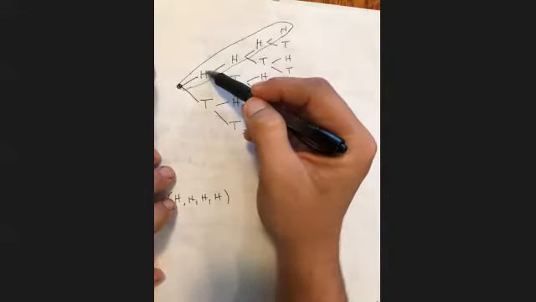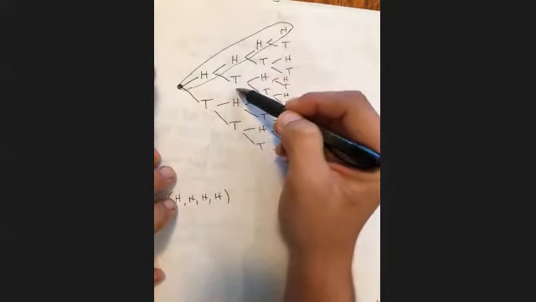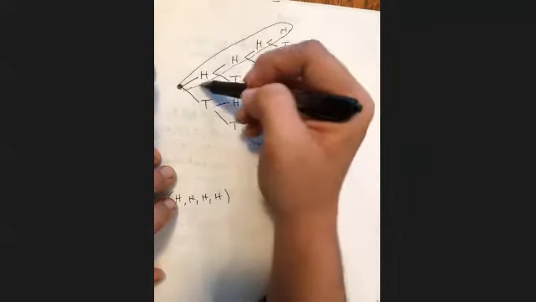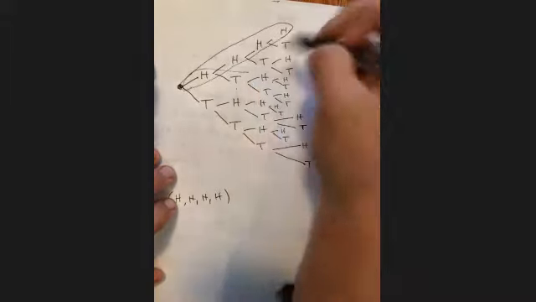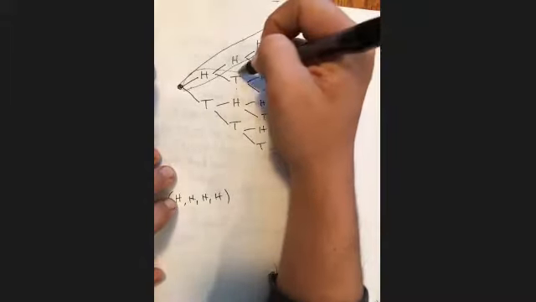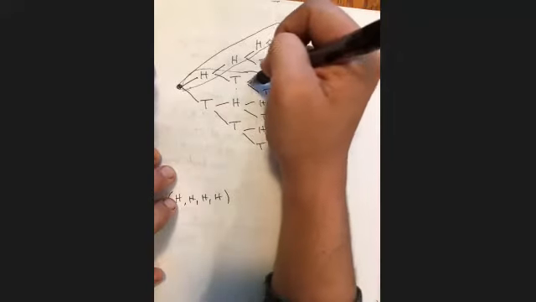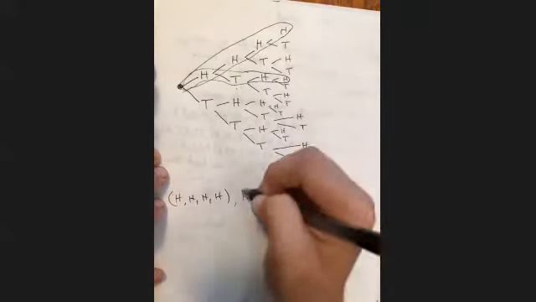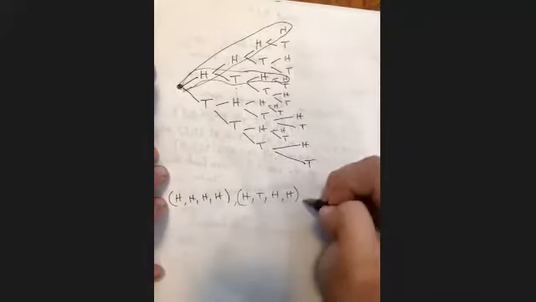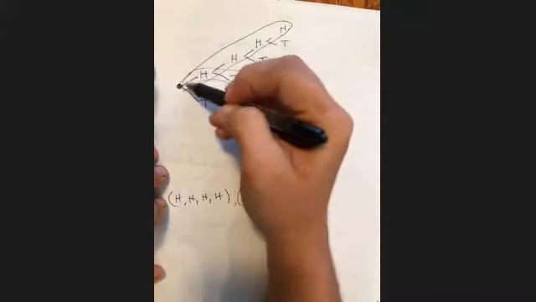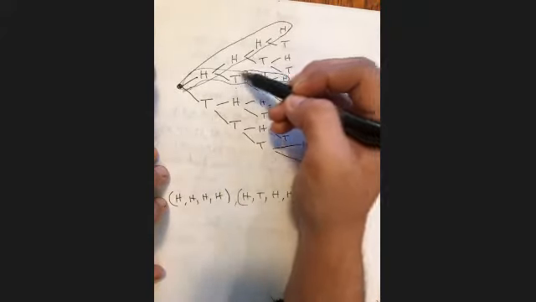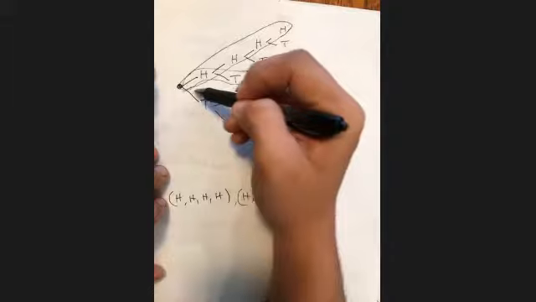Now instead we go heads, then tails, then heads. You can see how you might do this. Heads. That's one option. You could go heads first, then another heads, then a tails and a heads.